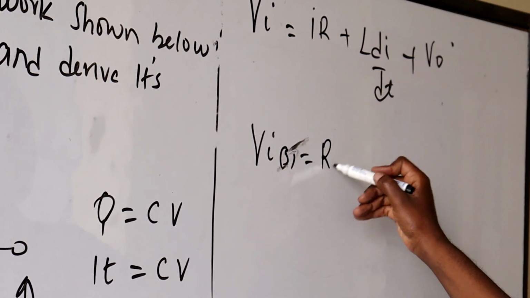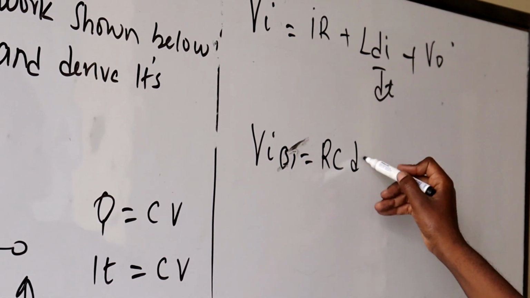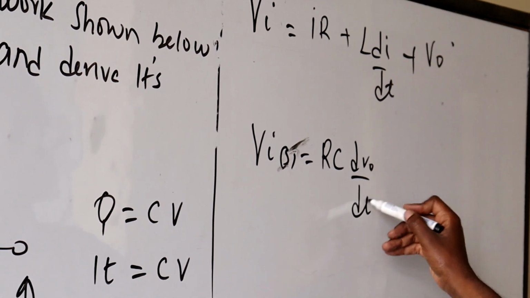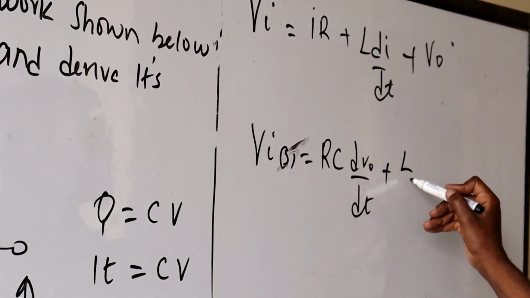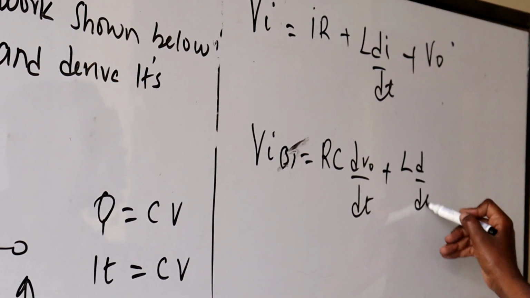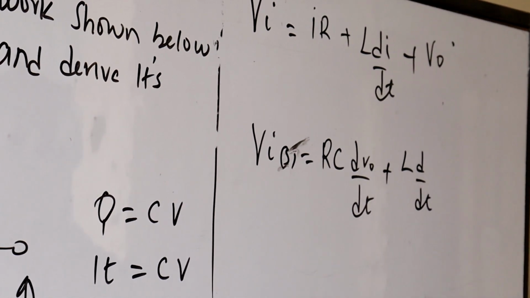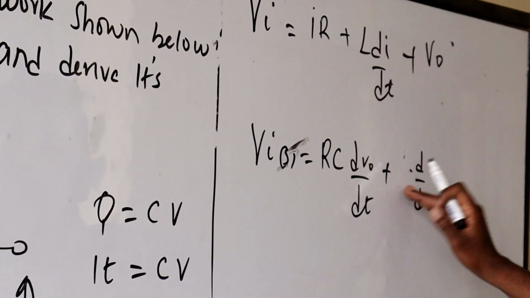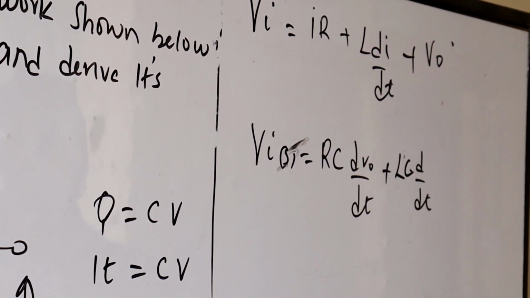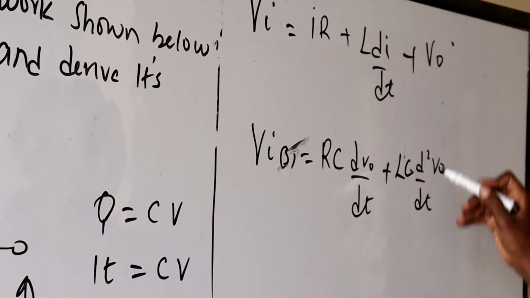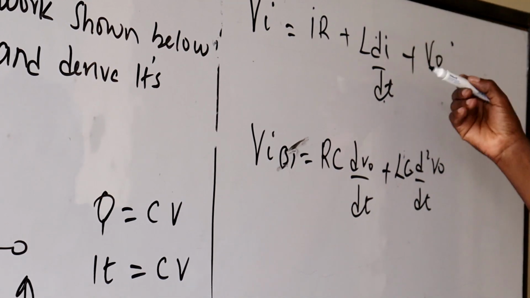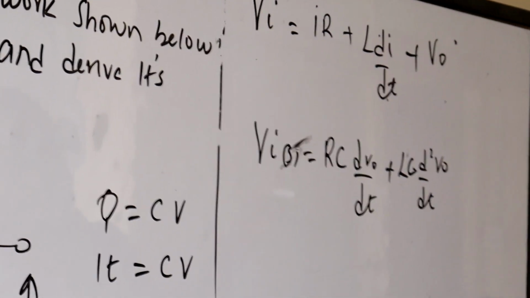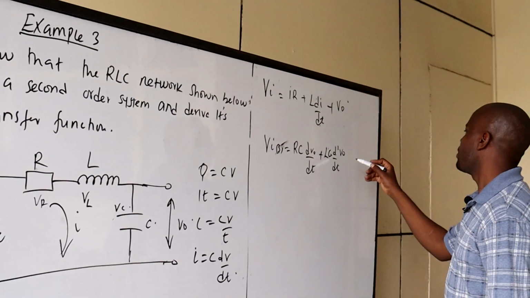So we are going to have RC dV out over dt plus L d/dt times I. And what is our I? C dV out over dt, which is now going to be LC d squared V out over dt squared, because that d/dt will be multiplied by dV out/dt.